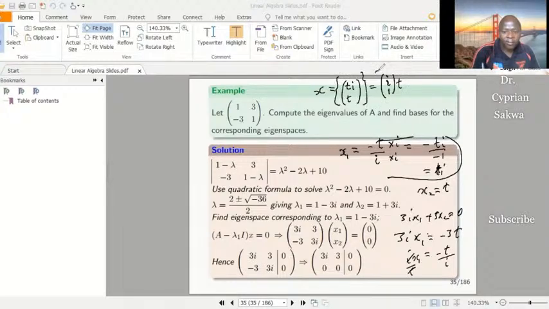So the null space will be i, 1. This will be the null space or the basis. And the question wanted us to find the basis. So the basis for this lambda 1 would then be i, 1.